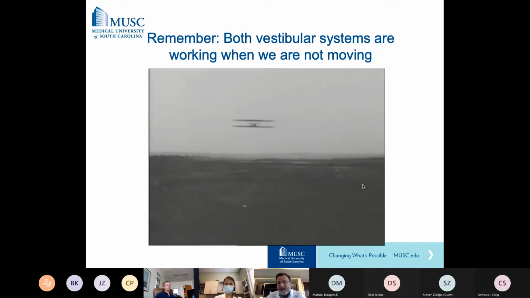To understand how the vestibular system works, we also have to remember that it's always working, even when we are at rest and not moving, and both vestibular systems are firing simultaneously, kind of like the two motors of a plane.